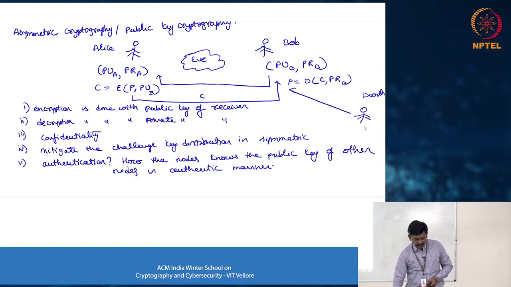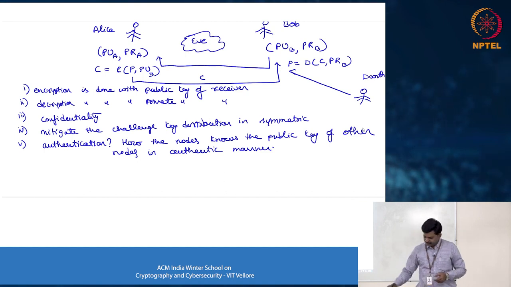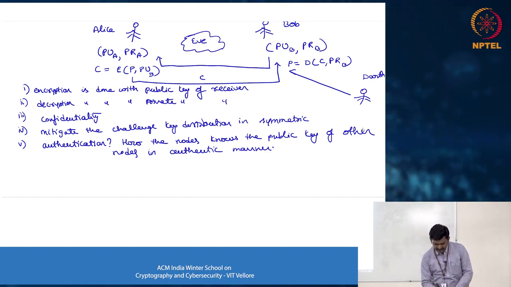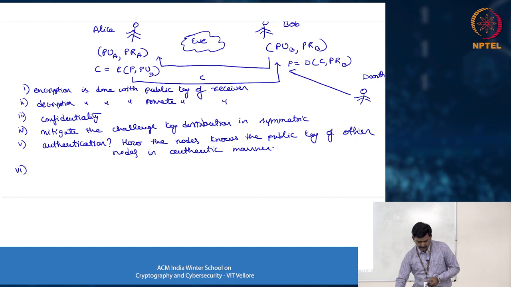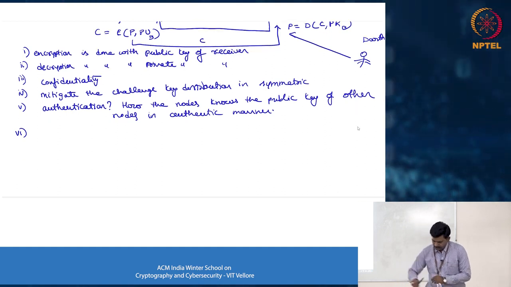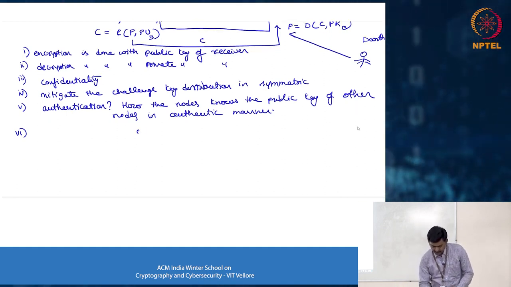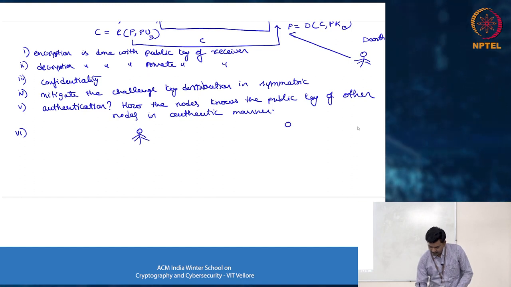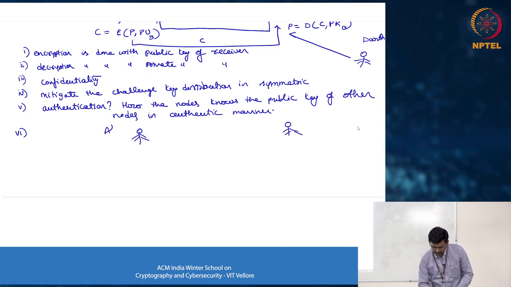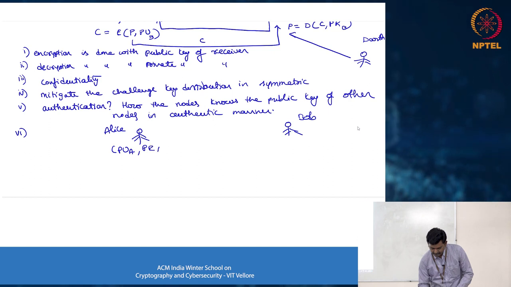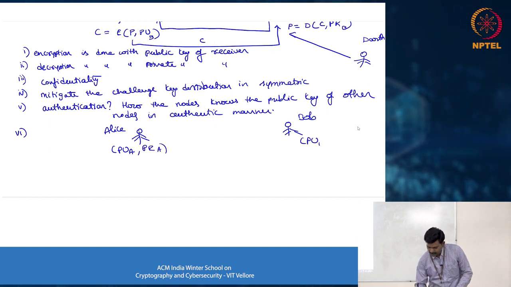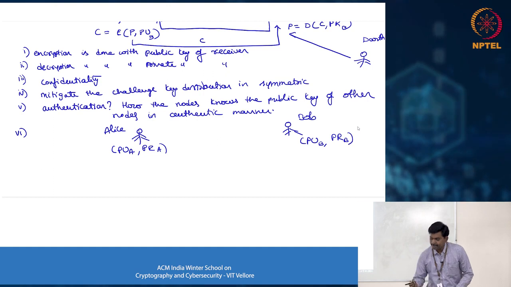Let us see. Imagine if encryption is happening like this. Alice and Bob, what do they have? A key pair, PUB and PRB.